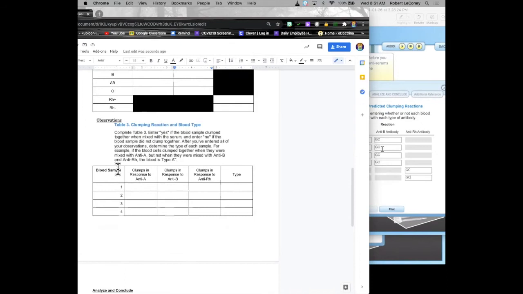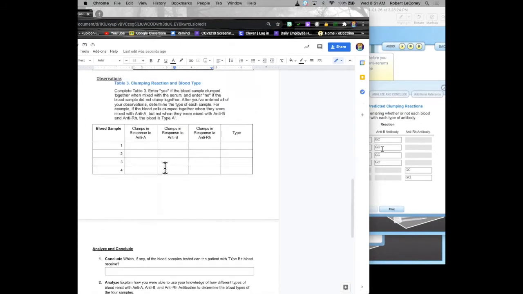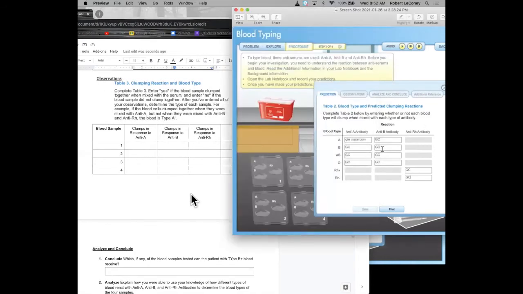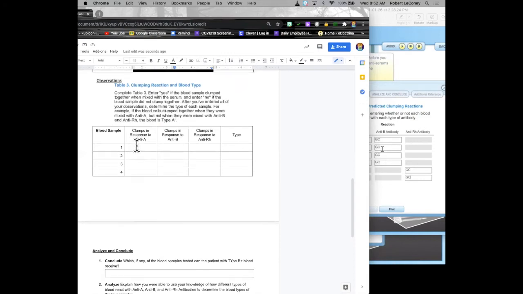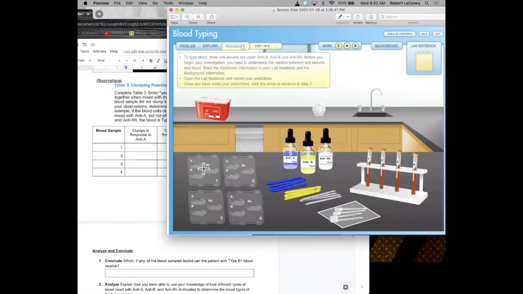Then observations. As the video actually does the stuff, you are going to record when the video brings a pop-up for you to record. So again, does it clump up, yes or no? If they put the anti-A into blood sample 1, does the anti-A make it clump up? Meaning, in plate 1, did well A clump up? Yes or no?